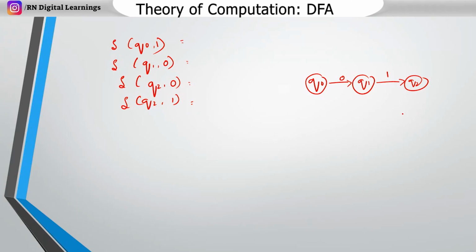Now, since the string must end with 0 1, it means the last digits must be 0 and 1. So, whatever we give 0, it must go to the same state, right? It must be given. So, already 0 is there.